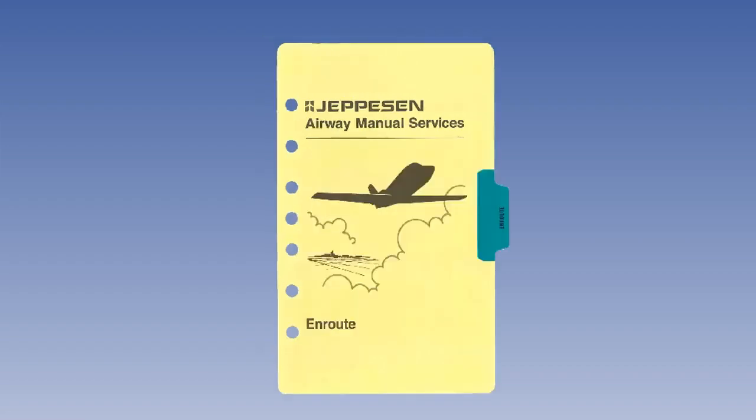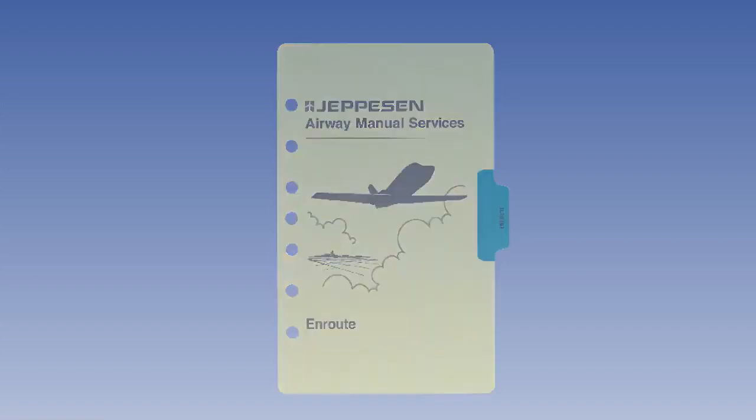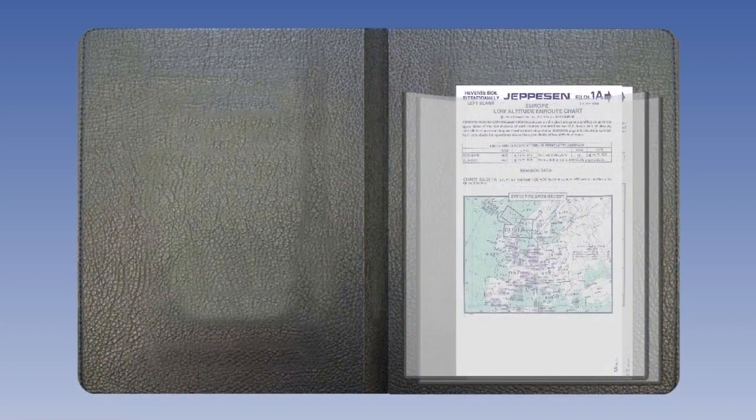The next section, entitled En route, is really the first part of two sections. This first section consists of plastic pockets, each containing an en route Airways chart. These are known as low-level charts, the upper limits of which are shown and will be dealt with in detail in a later lesson.